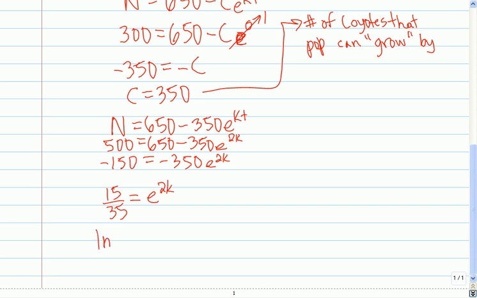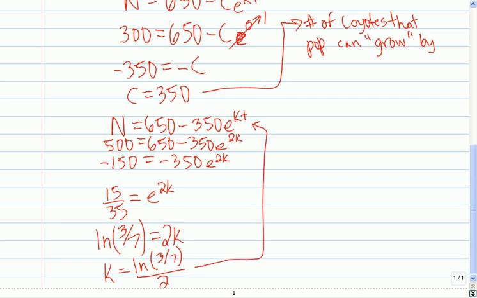So I get natural log, I can reduce that one more time here. 3 over 7. Thank you. 3 over 7 equals 2k. So now I have my continuous growth, which is 3 out of 7 divided by 2, and I can then plug it back in to figure out what they will have.